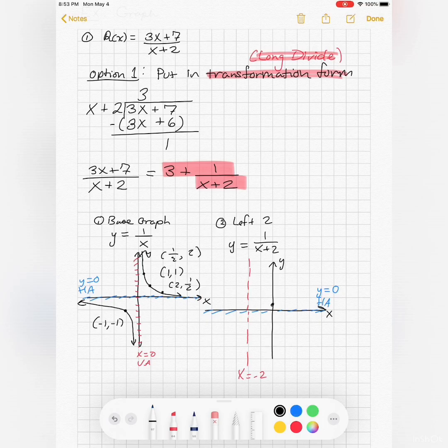So I'll have 0, a half. I'll have -1, 1. I'll have -1.5, 2. And then -1, -1 is going to be at -3, -1.